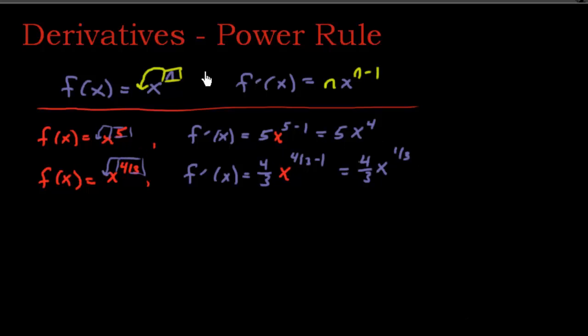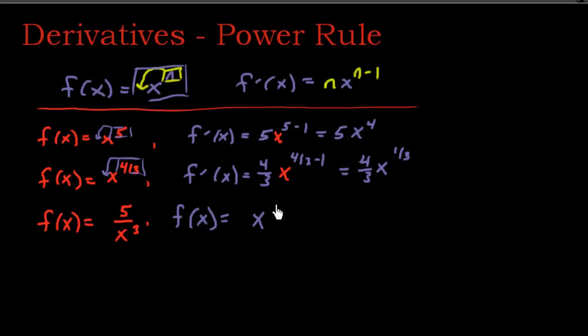So I think the hardest part of the power rule is trying to figure out how to get it in this form, x to the n. So if I gave you the function, how about 5 over x cubed? The power rule doesn't work from this form. You do need to change it so that it is, again, x to some number.